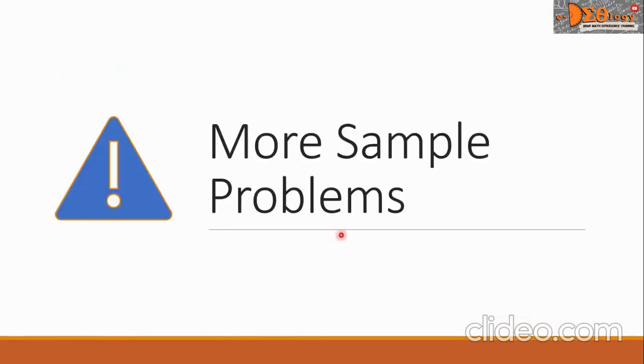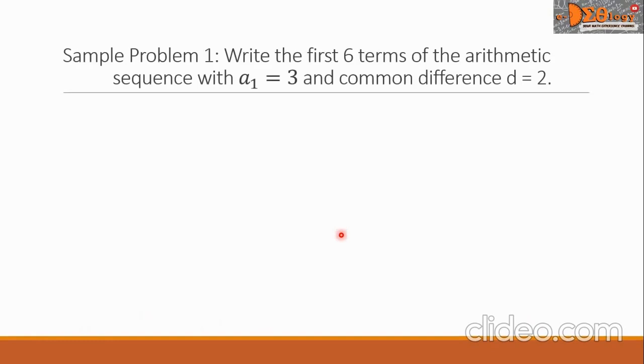Let's have more sample problems. Sample problem 1. Write the first 6 terms of the arithmetic sequence with a sub 1 equals 3. This is the first term. And common difference d equals 2.